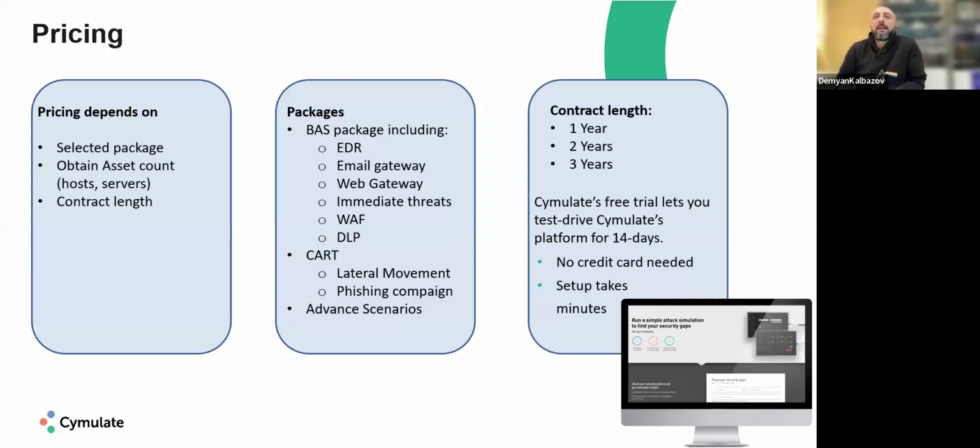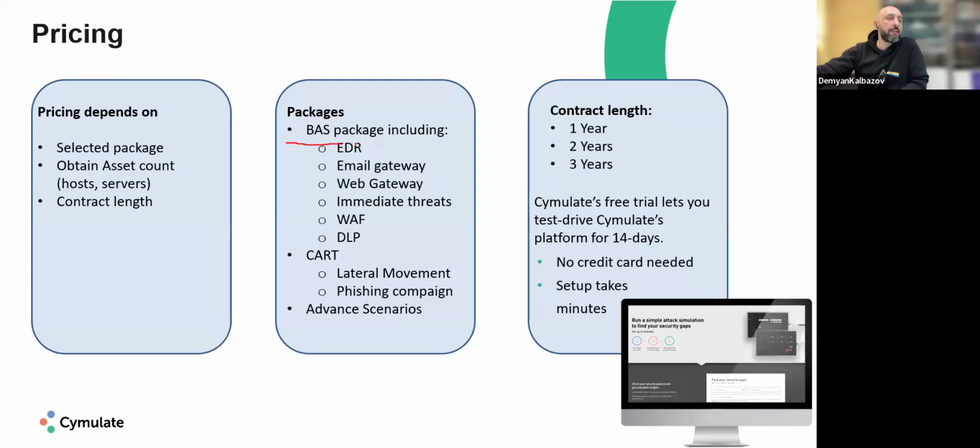A few words regarding the licensing. The solution is sold as an annual subscription to the Cymulate service. The cost depends on the selected packages, the number of domains, and the duration of the subscription. There are mainly three packages.